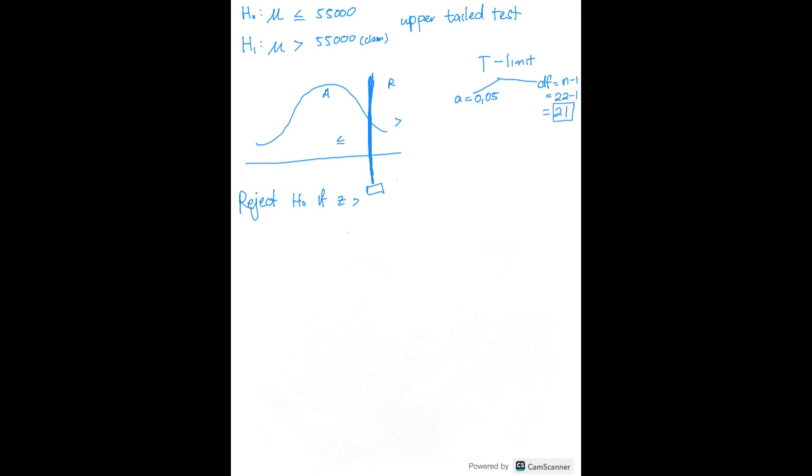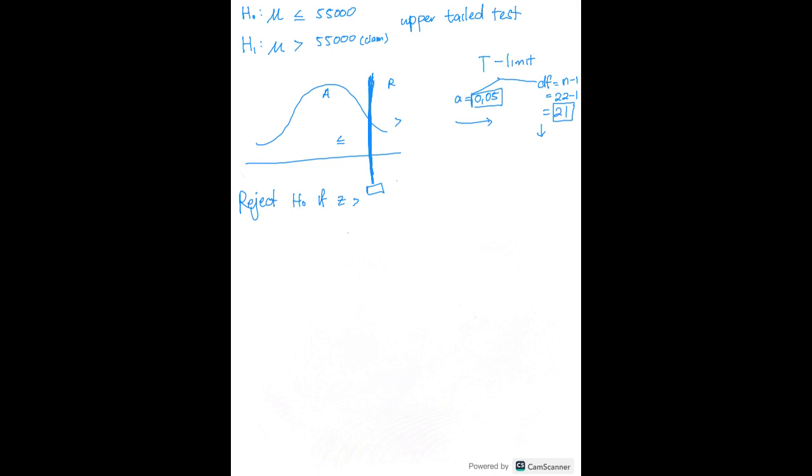So you are going to table 2 in your appendix, page 507 of your textbook. You're going to read the A value going across at the top, and then your degree of freedom coming down the first column. So I'm actually going to project that for you as well, just so you can look at how to read it off that table. So here is the table.